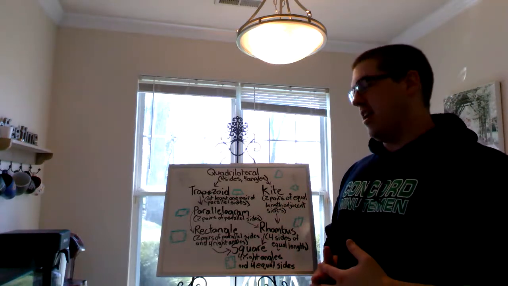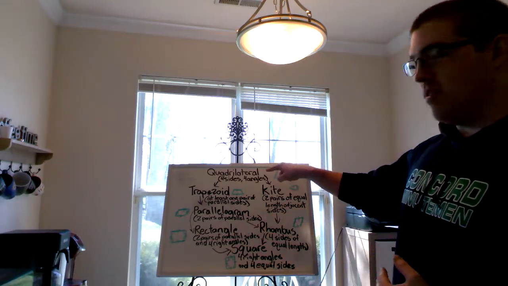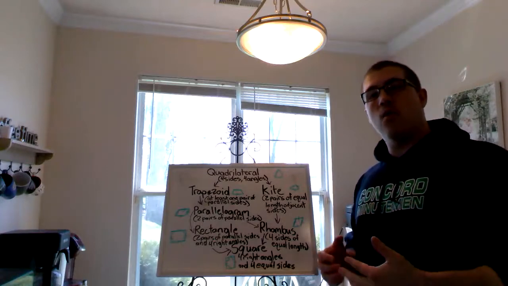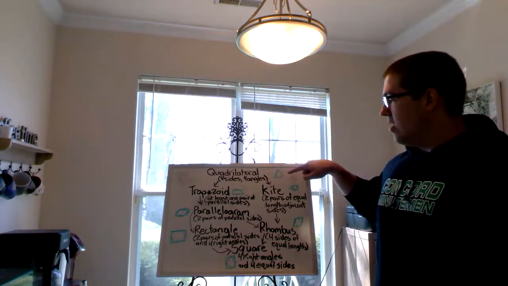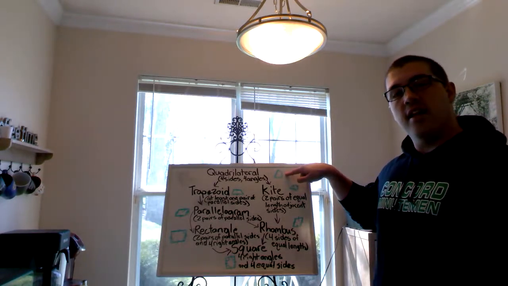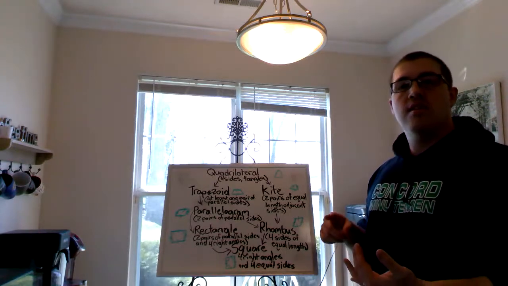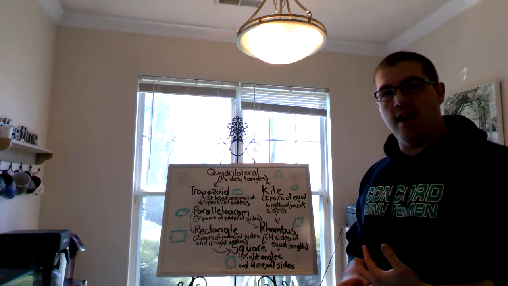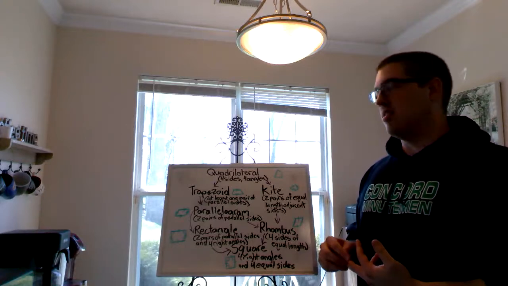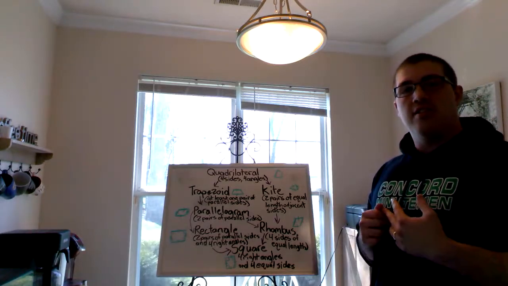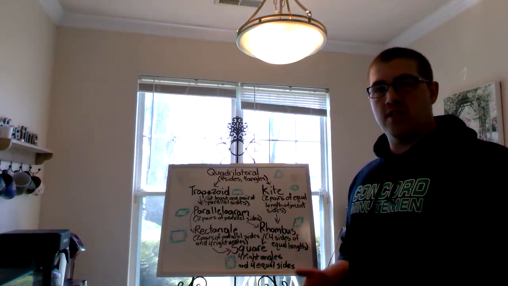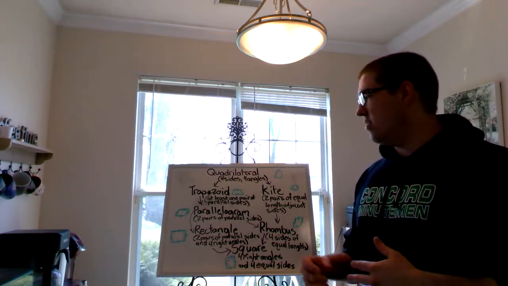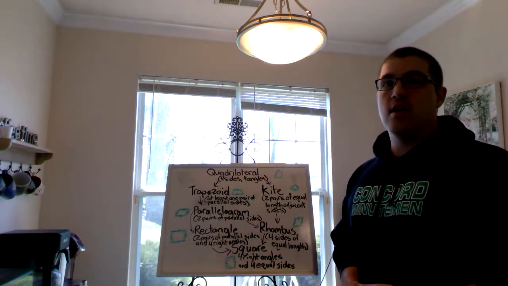A quadrilateral is a four-sided, four-angled shape. This example has no parallel sides, no right angles, and the sides are all different lengths. It's just a regular four-sided shape with straight lines, four sides and four angles.